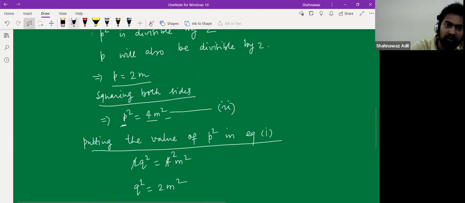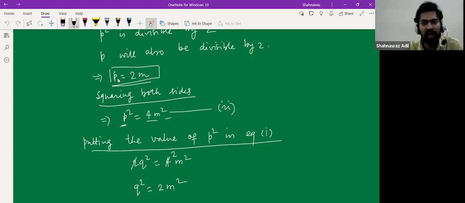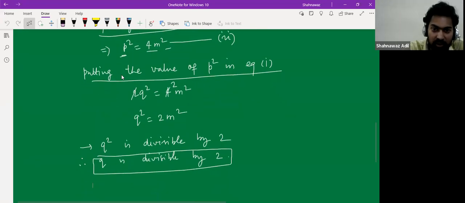So q is divisible by 2 and p is divisible by 2, so they have a common factor 2 here. But this is not the definition of a rational number. This should be co-prime numbers, meaning they don't have a common factor. Firstly, we assumed that p and q are co-prime, and then with our assumption, we found that p and q have a common factor, which is 2.